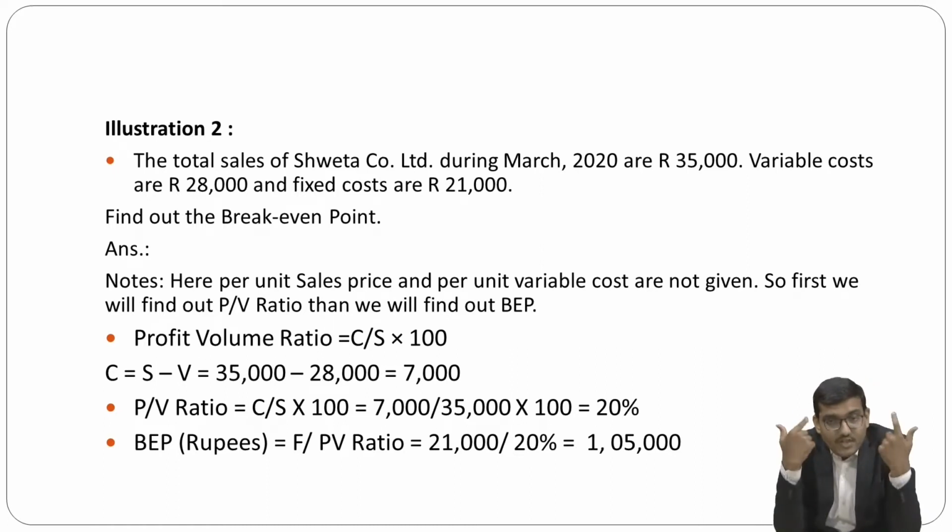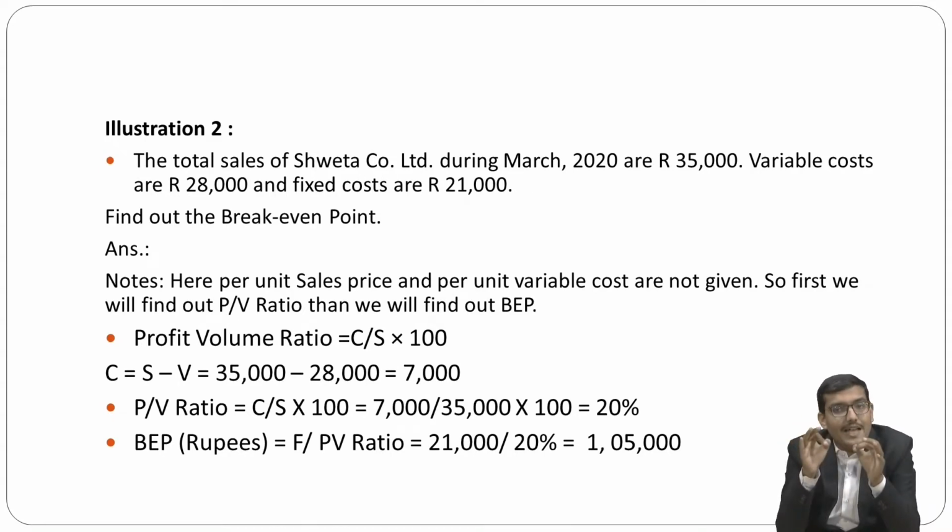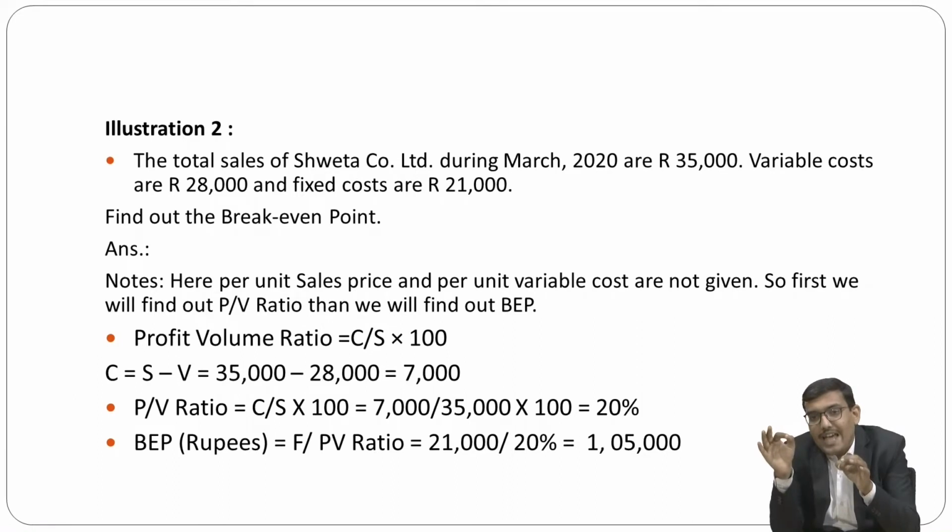So my question to you is whether at this BEP point the Shweta Limited can sell this item at rupees 35,000. Answer is yes or no. Answer is yes. Shweta Company Limited can sell this particular product at rupees 35,000. Why?